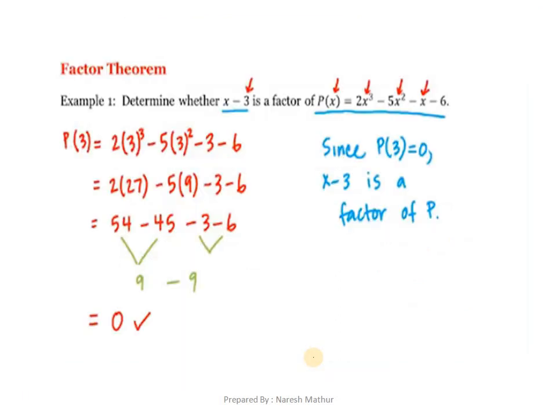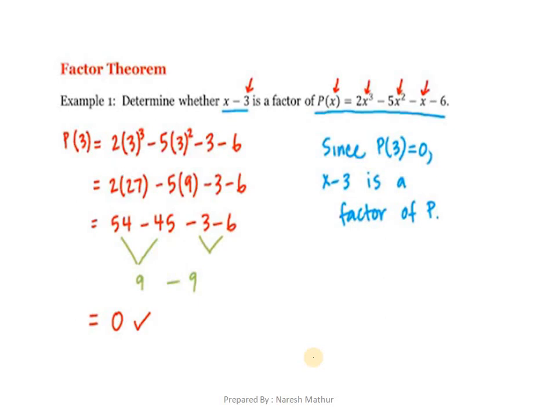Similarly, for the factor theorem we have an example that says we need to determine whether x minus 3 is a factor of the given polynomial or not. What do we need to do? We follow the same steps as in the remainder theorem, but the difference in the factor theorem is that we get 0 as the remainder. This is the necessary condition.